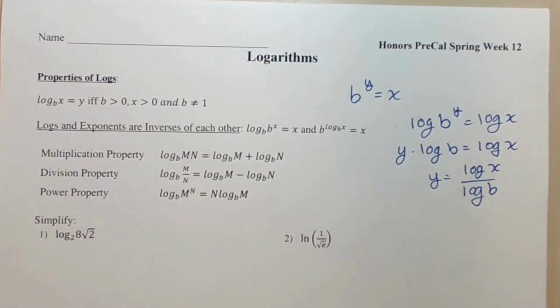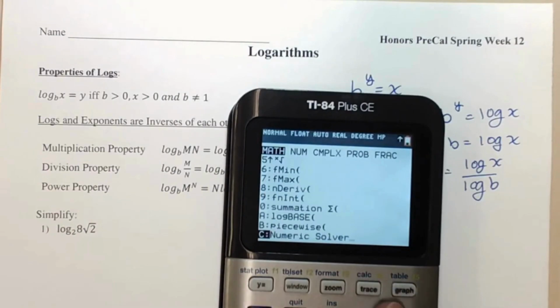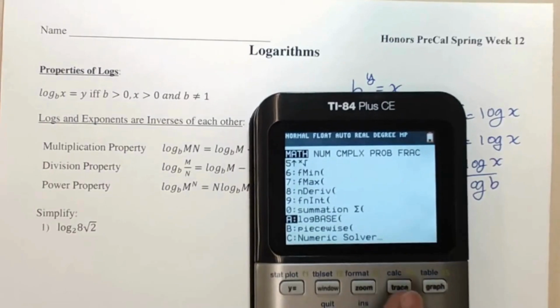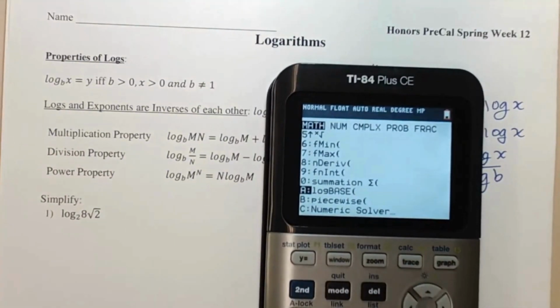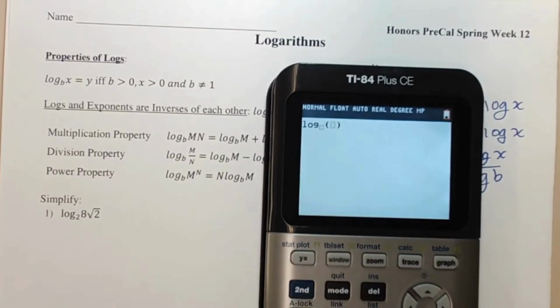The reason I'm showing you this is because certain calculators cannot just type in something that looks like this. In your graphing calculator, if you go to math and find log base, which is down here on A, you can do alpha A, or some calculators are different. In the TI-84 Plus, if you find log base, you can plug in things like log base 2 of 4, which is 2.